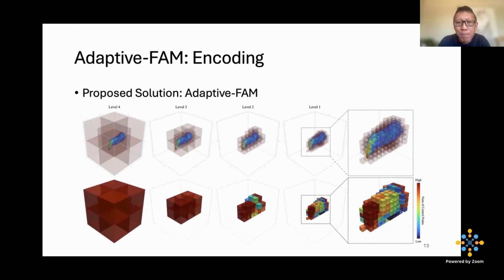Adaptive FAM minimizes the need for expensive in-level encoding and also minimizes the total macro model size, while still maintaining a certain level of accuracy. For this flame dataset, using our method can improve the encoding time about 8 times, and our resulting macro models are about 35 times smaller in size compared to the original input data.